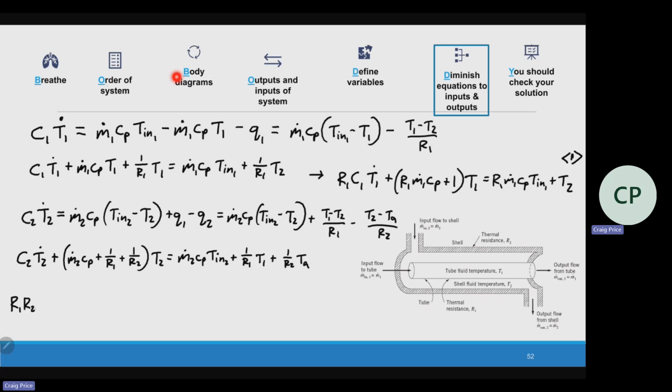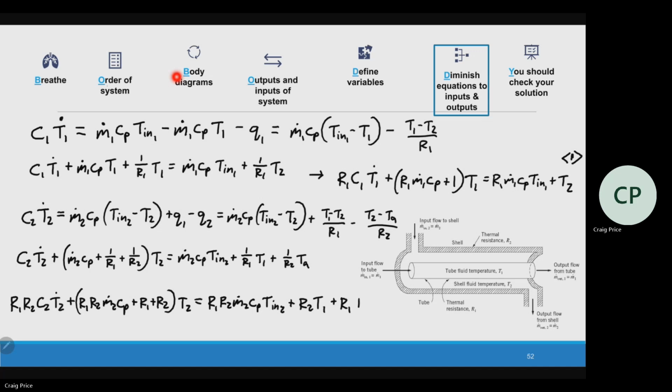I get R1 R2 C2 T2 dot plus R1 R2 M2 dot specific heat plus R1 plus R2. And that is my second equation.